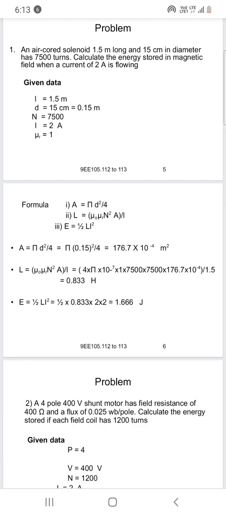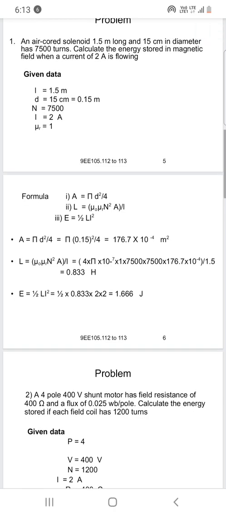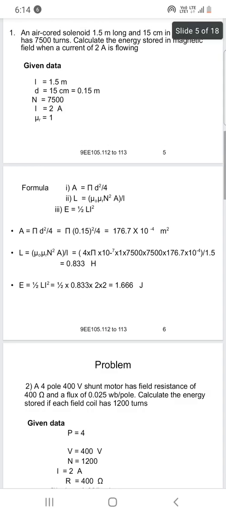We know the inductance of the solenoid is L equals mu naught into mu r into n squared into A by l. We get this expression from the relation for mutual inductance and self inductance.